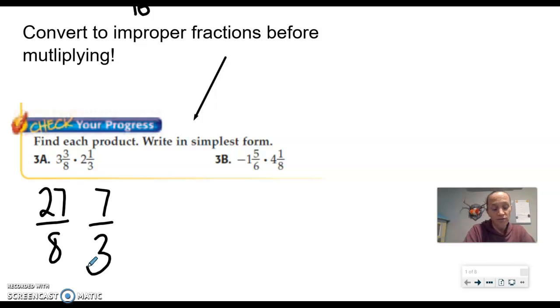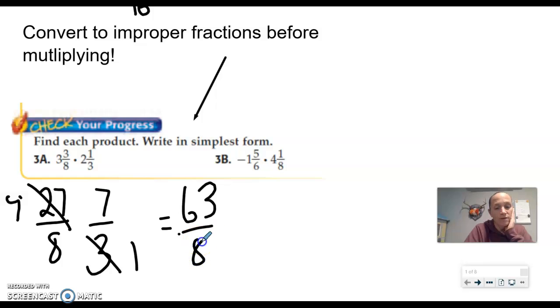But I could divide 27 and 3 by 3 right now and turn that into a 9 instead and turn this into a 1. Now that's a little easier to simplify. Or, well, multiply also. 9 times 7 is 63 over 8, right? And that's a little bit better than having 189 over 24.